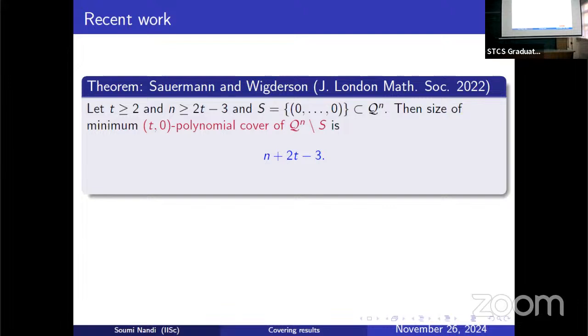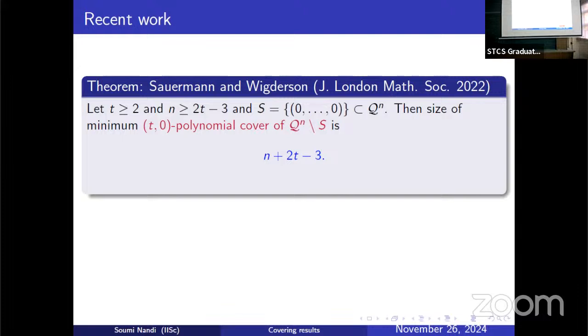And Sauermann and Wigderson studied this T-fold polynomial covering. They have shown that if n is sufficiently large compared to t, and we want a polynomial that vanishes at all the nonzero points at least t times and does not vanish at the origin, then the degree of the polynomial is at least n plus 2t minus 3, and that bound is tight.